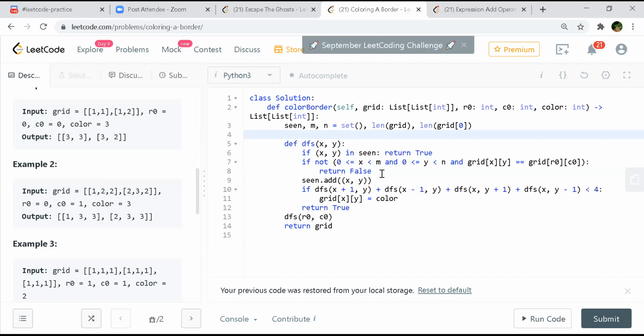Yeah, you're just looking for whether it's not the border of the grid. Then I add that coordinate to the visited set and call the DFS in all 4 directions and check if that value is less than 4.